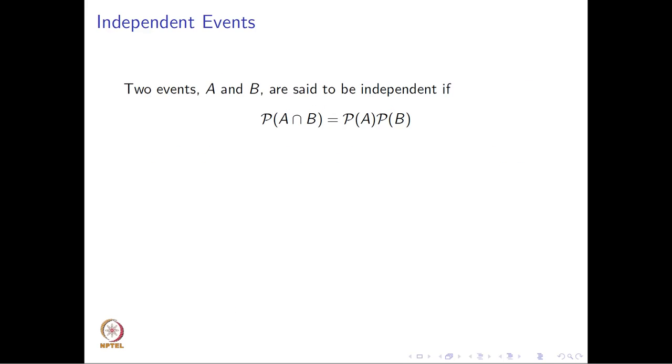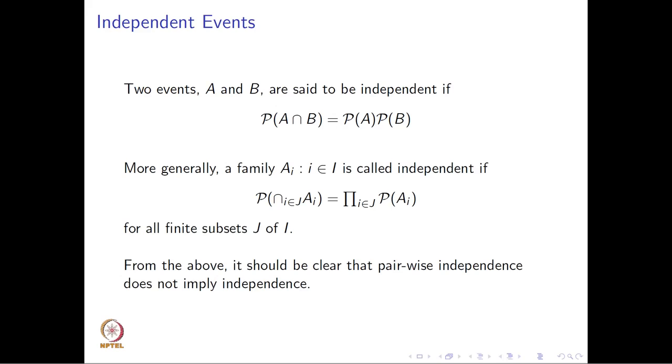Two events A and B are said to be independent if probability of A intersection B is equal to probability of A into probability of B. More generally, a family of events Ai, where i is an element of the integers, is called independent if probability of any subset of the events Ai is equal to the product of the probabilities of those events.